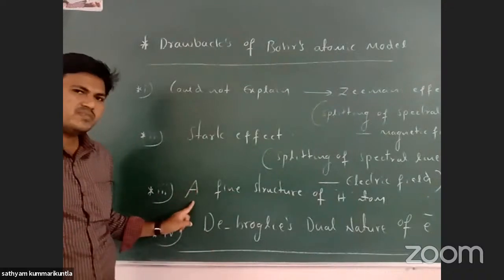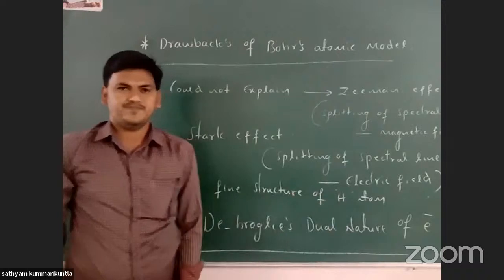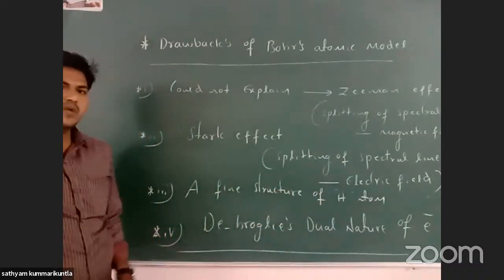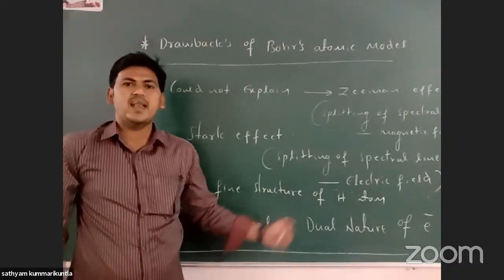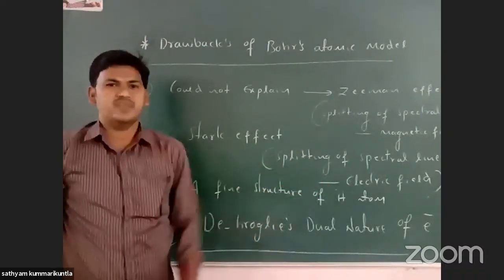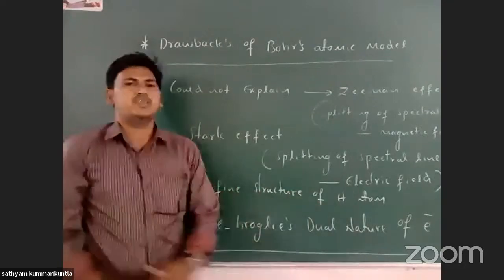Third, the fine structure of the hydrogen atom. Fourth, de Broglie's dual nature of the electron, meaning particle nature and wave nature.